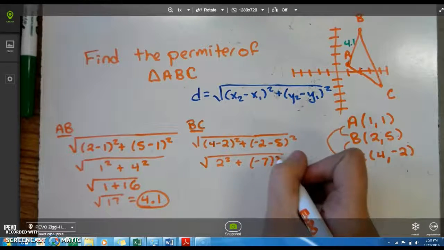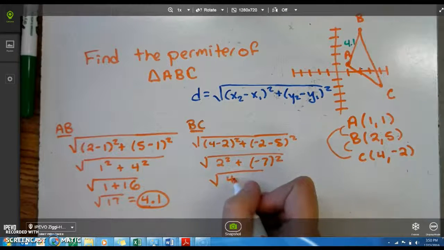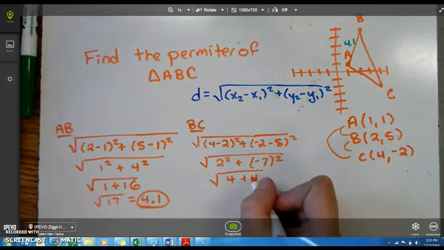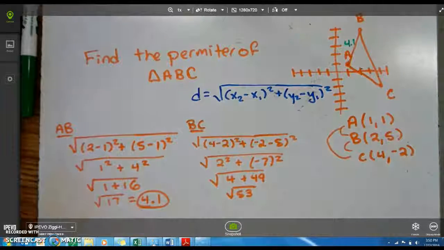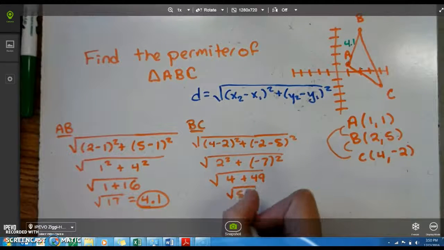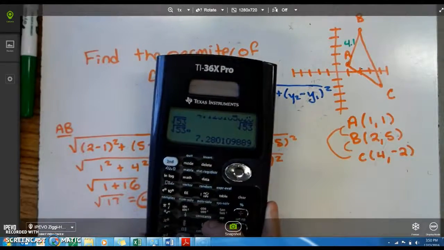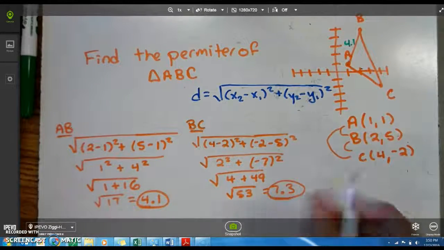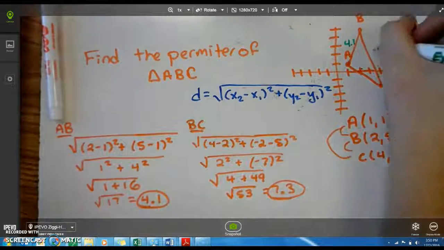So that's a negative 7, right? 2 squared is 4. Negative 7 squared is going to be the same as 7 squared, which is 49. Add those two together, so then we can put that in the calculator. It comes out to be 7.28, and then the 8 rounds up, right? So we get 7.3. I'm going to write that on BC.